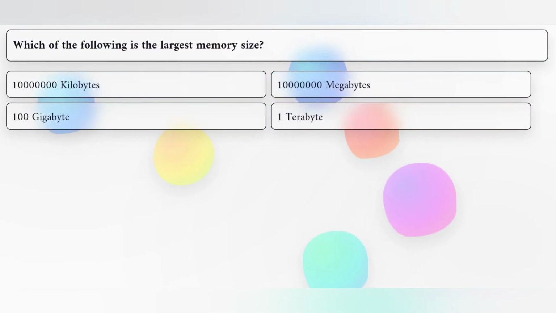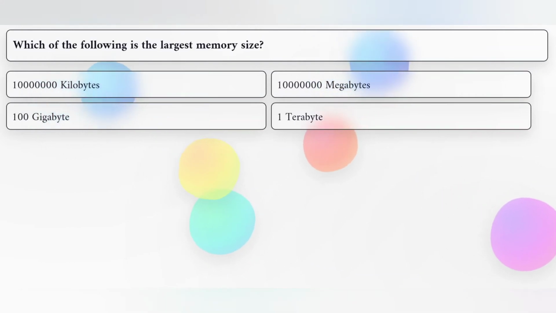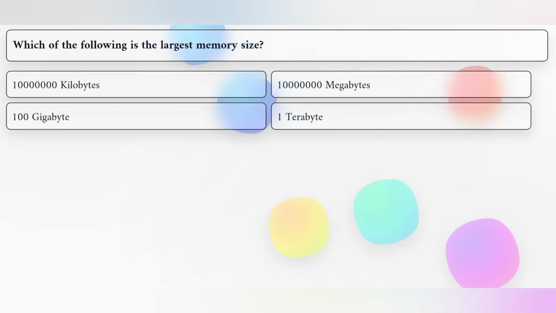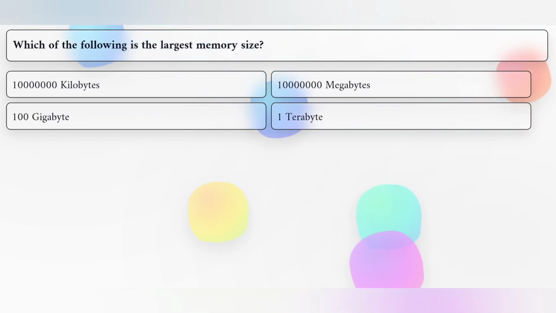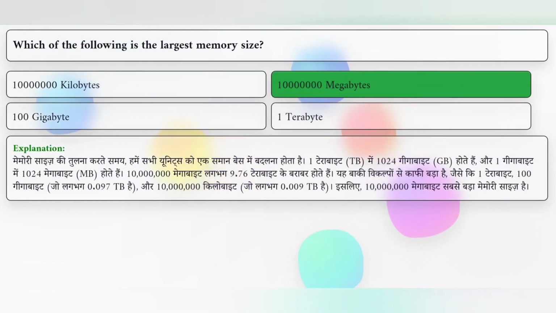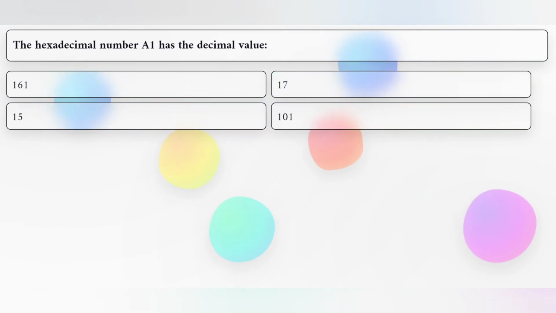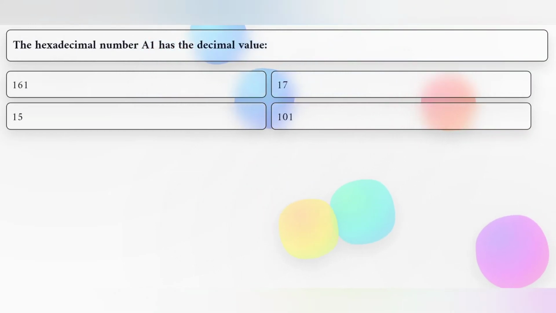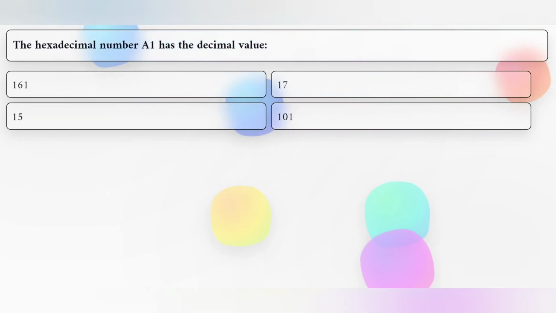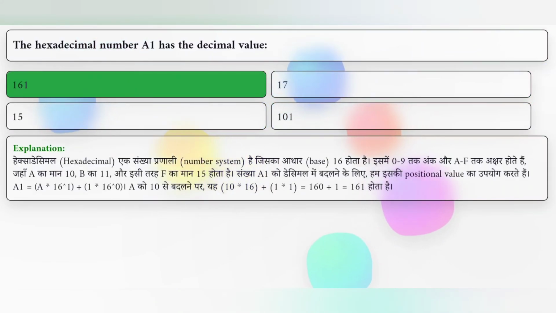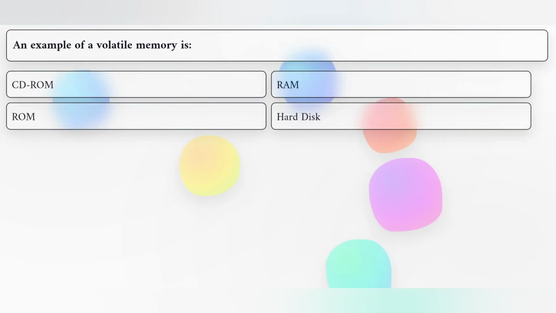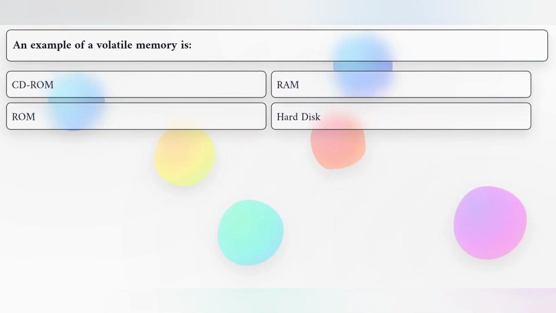Which of the following is the largest memory size? 10 million kilobytes, 10 million megabytes, 100 gigabyte, 1 terabyte. The hexadecimal number A1 has the decimal value 161, 17, 15, 101. An example of a volatile memory is CD-ROM, RAM, ROM, hard disk.